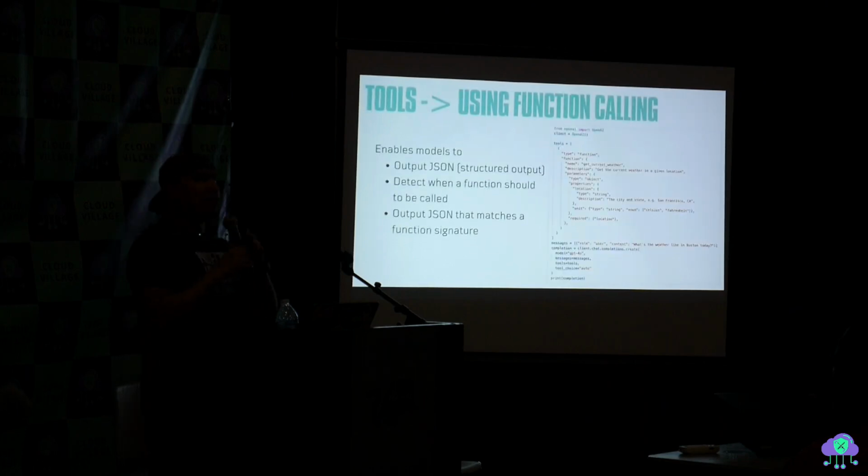Now, when we talk about tooling, execution of tools, there are a couple of ways that you can do it. One way is to use the concept of function calling from LLMs. An example here is from OpenAI. You can actually pass a function signature. So think about a Python function that you define.